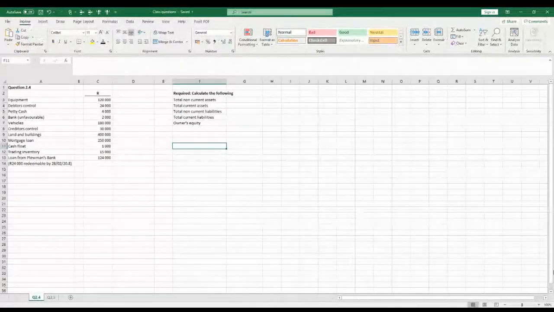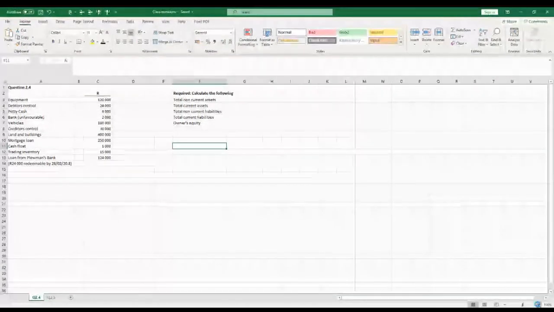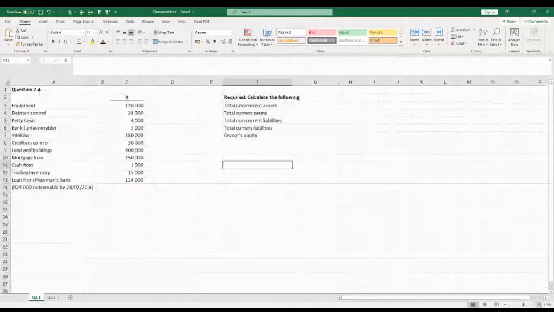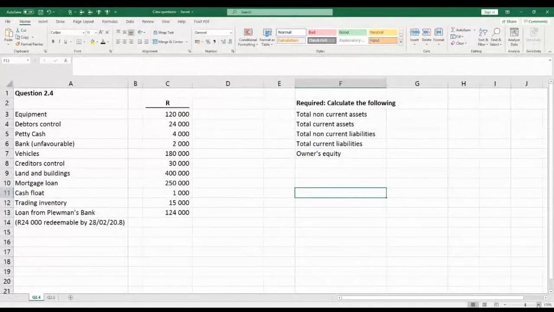Okay, can you guys see the Excel documents on your screens? Okay, excellent.